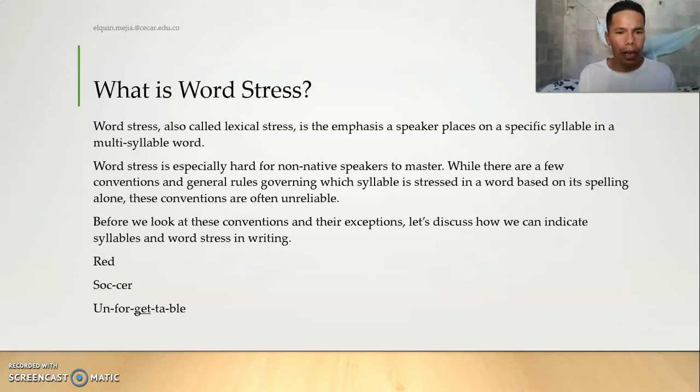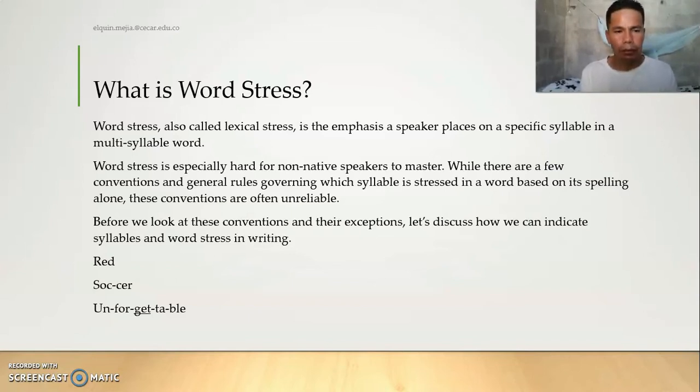Before we look at these conventions and their exceptions, let's discuss how we can indicate syllable and word stress in writing. For example, red, soccer, unforgettable. Look at the sample.